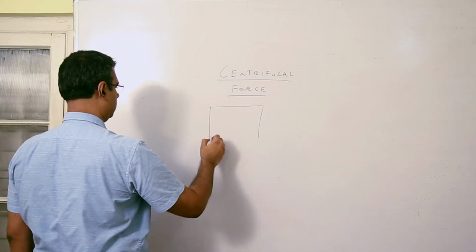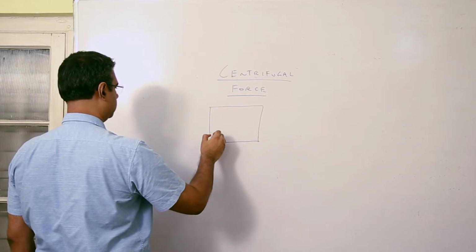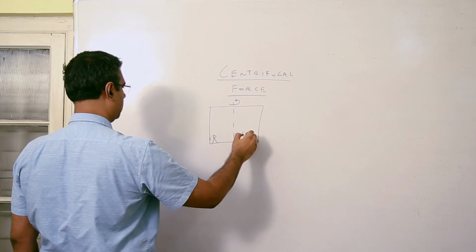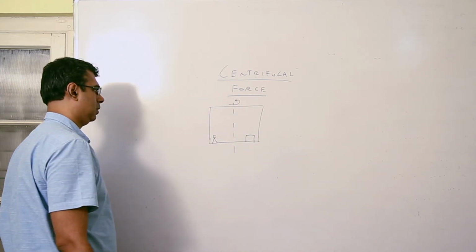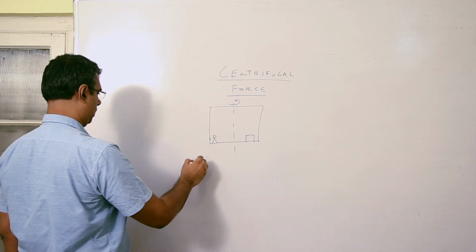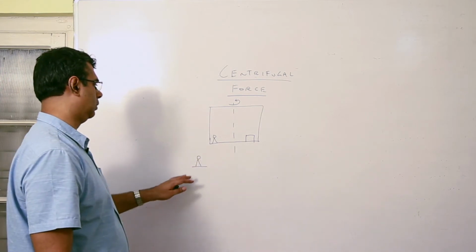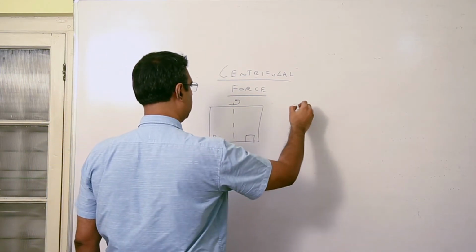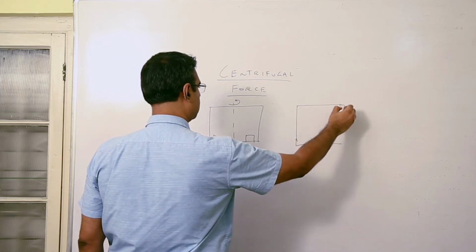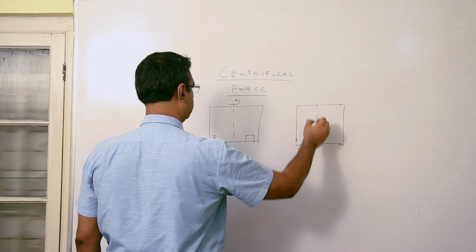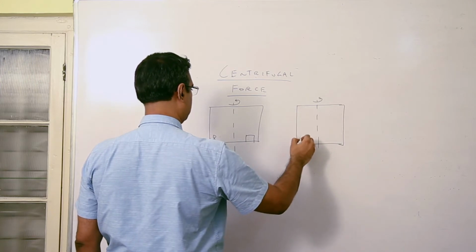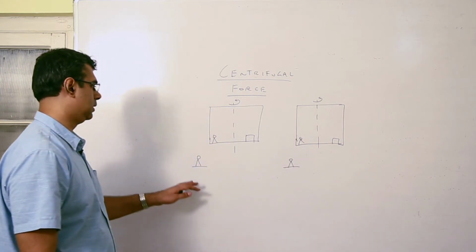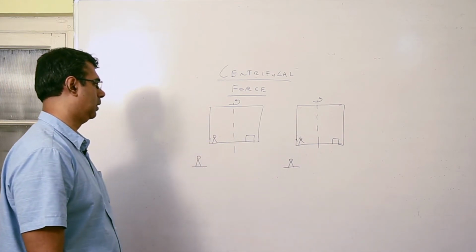Let's say that there is a very large heavy drum and it is capable of revolving about its axis, and it has a heavy box on the floor, and the box is being viewed by two people, one on the ground and one who is inside the drum. So basically the situation is like this, that both the people are looking at the same object but with a different point of view.